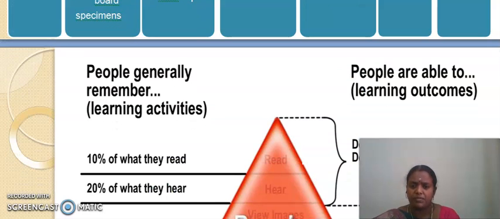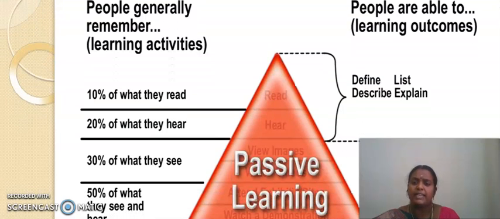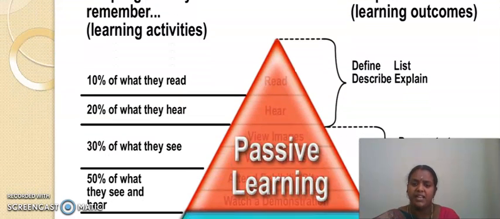At the top, 10% of what they read and 20%. This is the cone which shows how the students are able to remember, how long they can remember, and what content they can remember. So all these things can be listed in such a way for your better understanding.